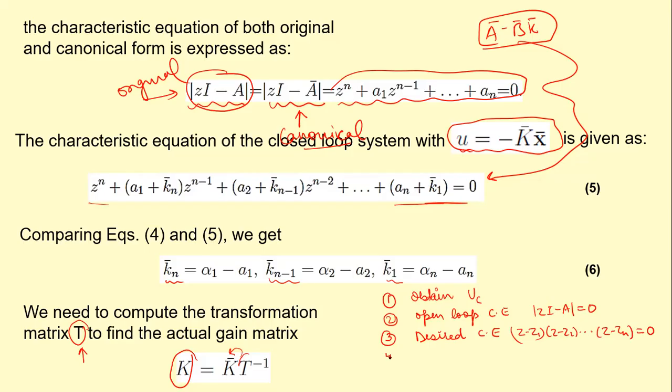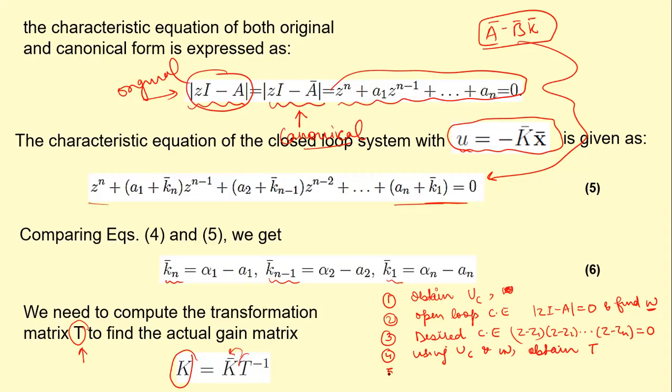So this is the desired characteristic equation. And then we have to obtain U_C and W. W can be obtained by writing the open loop characteristic equation. Then, using U_C and W, we obtain T, the transformation matrix.